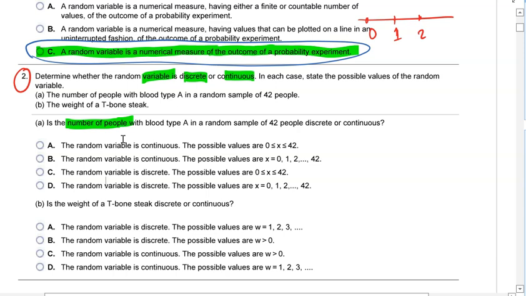variable because number of people count as 0, 1, 2, 3, 4.